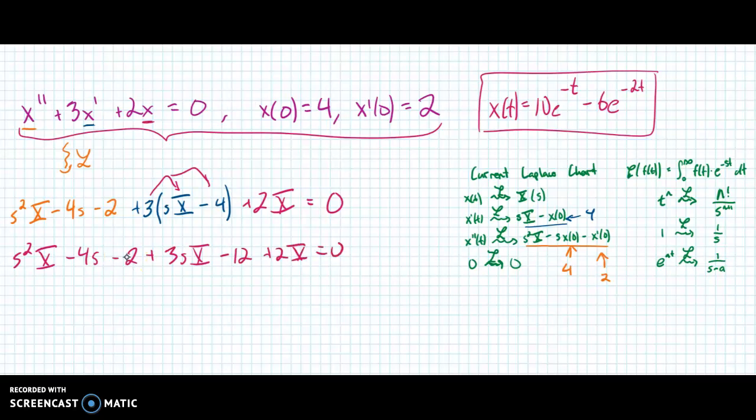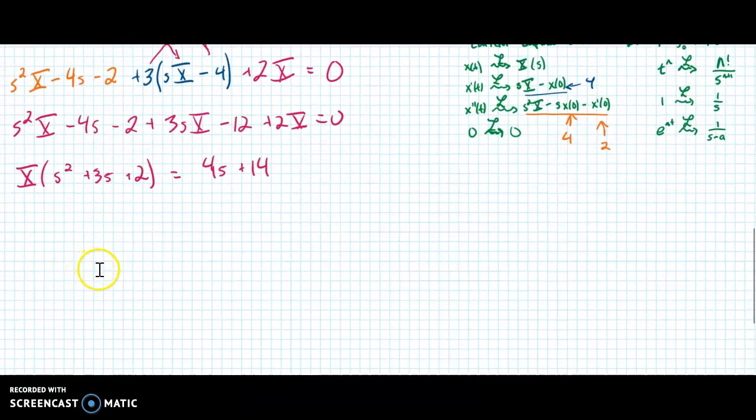And now what I can do is group my X terms and factor it. S squared plus 3s plus 2 equals, move everything else over to the other side, I get 4s plus 14. Is that correct? Yep. So from here, I'll divide, and then I'm going to have to do some cover-up.